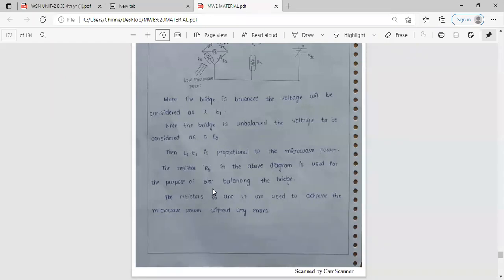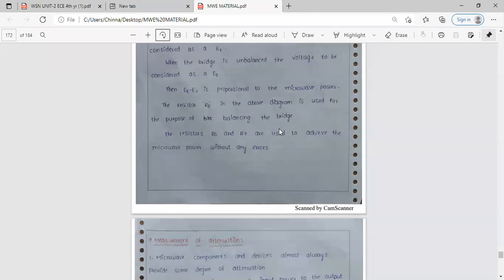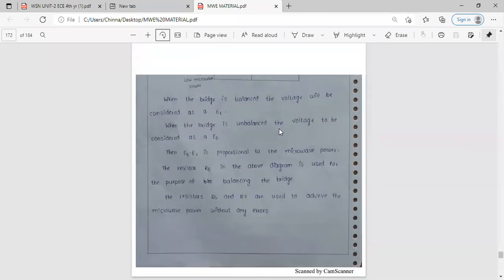So after the bridge we have R5, and after that we have R6 and R7. R6 and R7 are used for measuring the microwave power without errors, and R5 is used for balancing the bridge. So this is the bolometer.